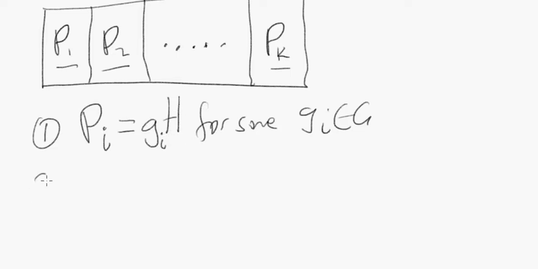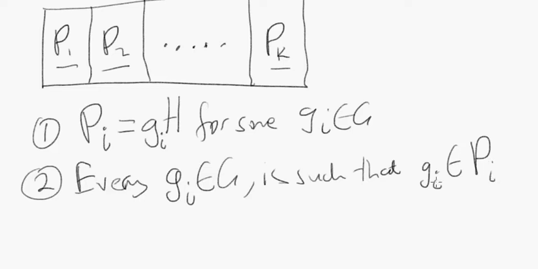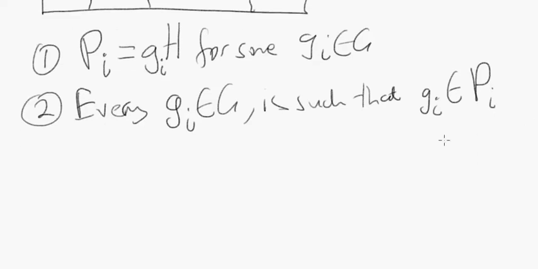So we're saying that if we can guarantee that each of these partitions is actually a left coset of H, and if we can also guarantee the second condition that every element g_i of the group is an element of one of these partitions, let's call it P_i.